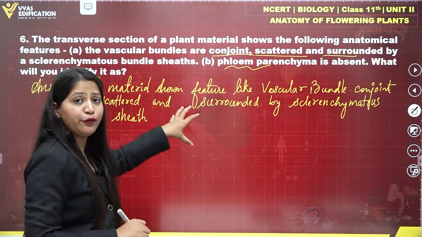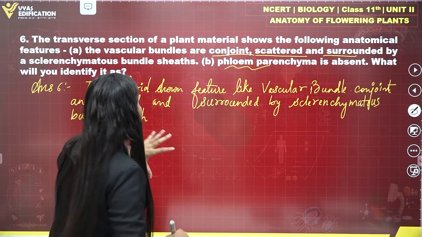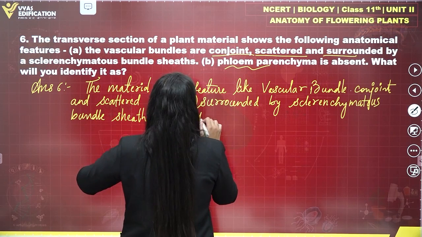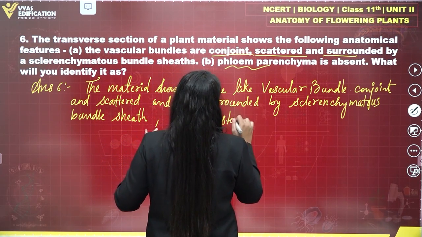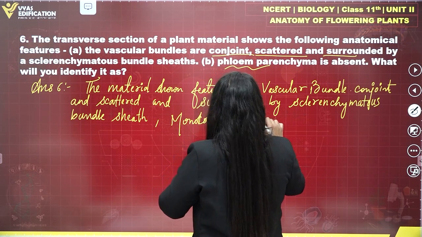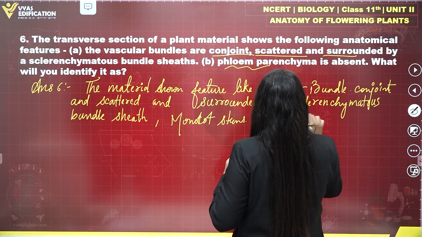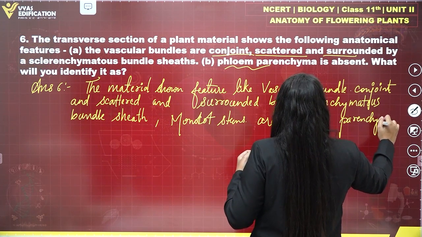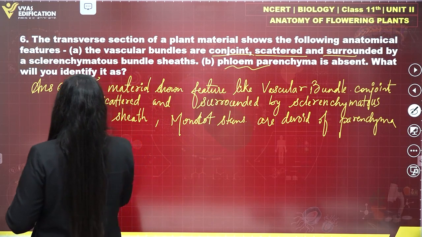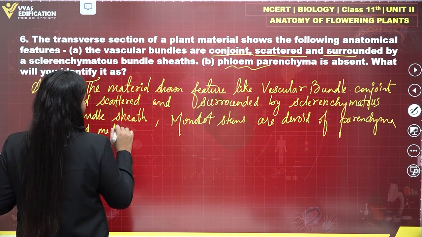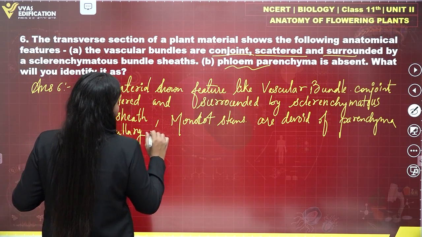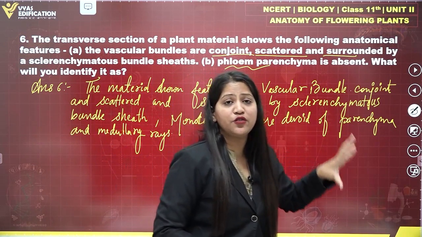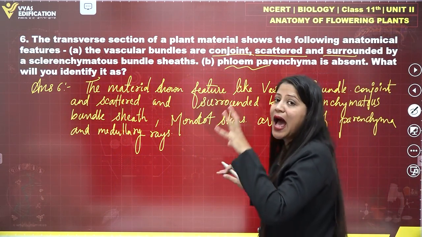Right? So this kind of feature you will find in monocot stems only, obviously, and also the monocot stems are devoid of parenchyma and medullary rays. From all these features, you can identify this material as monocot stem.